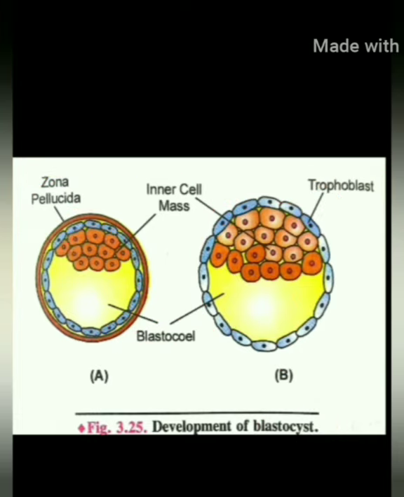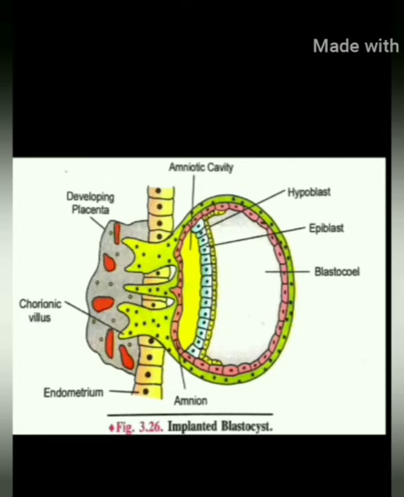Now after reaching the uterus, the blastocyst gets interdigitated with the endometrium to get inserted into it. You can see this straight lining, this is the endometrium, written over here.